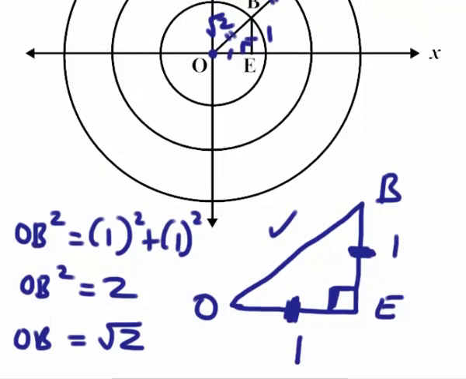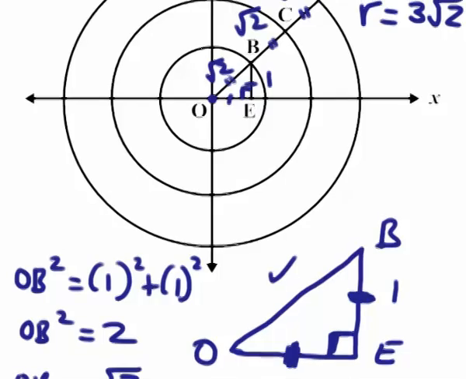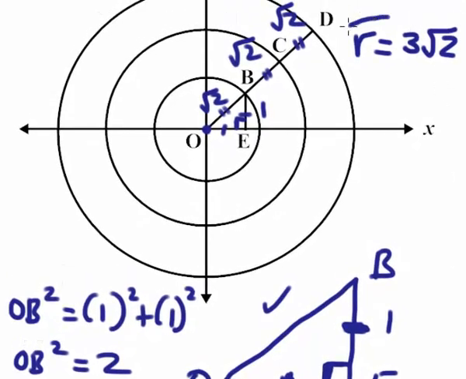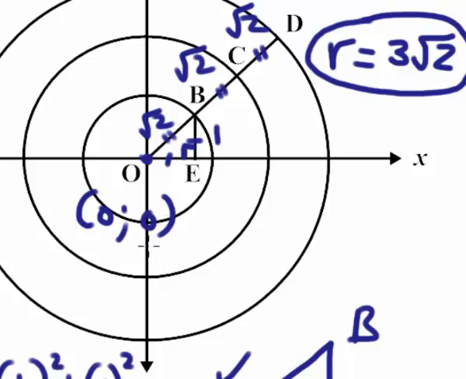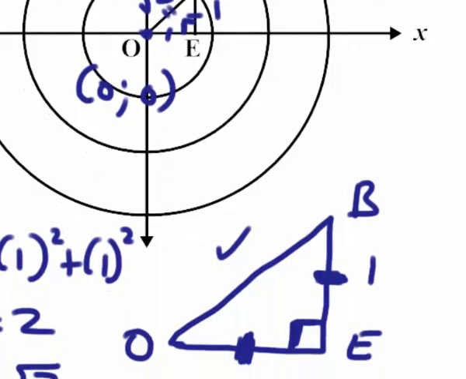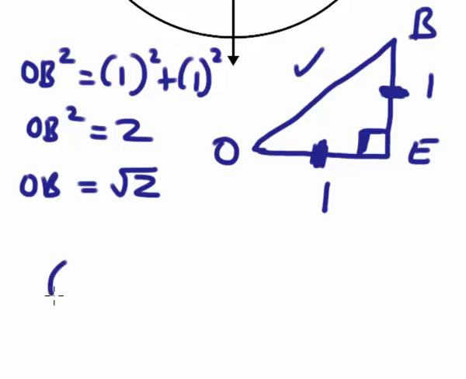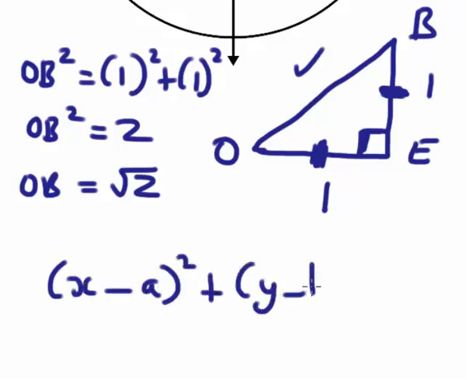So OB is the square root of 2. So what is the radius of the big circle? It is 3 root 2. And what is the center of that circle? It is 0, 0. Okay, so now it's easy to work out the equation of that very large circle. We remember we're going to write down the formula for the equation of the circle.